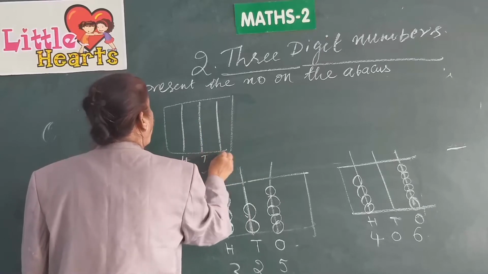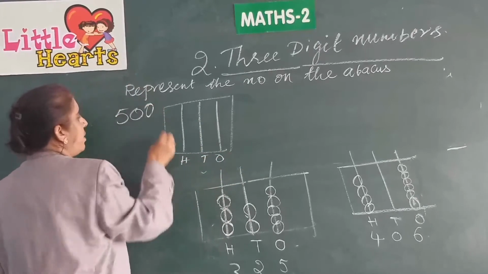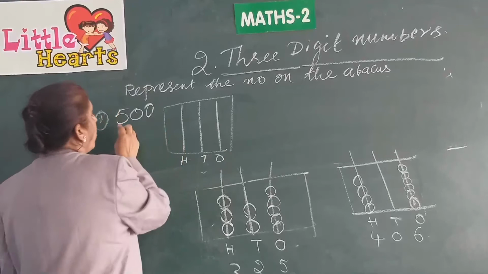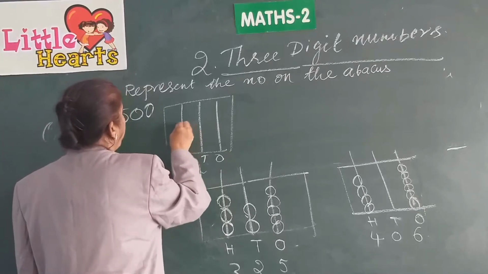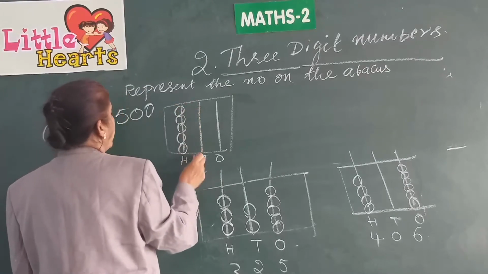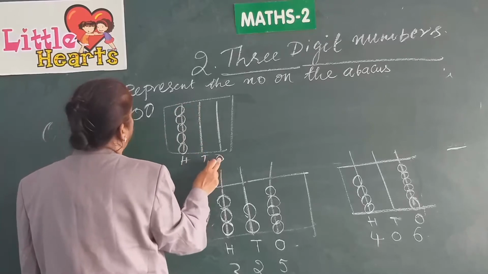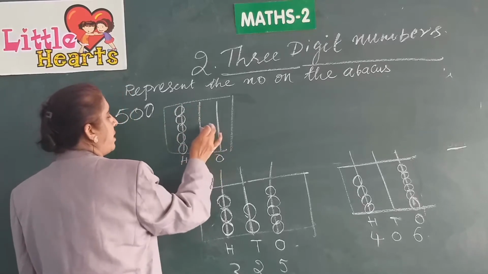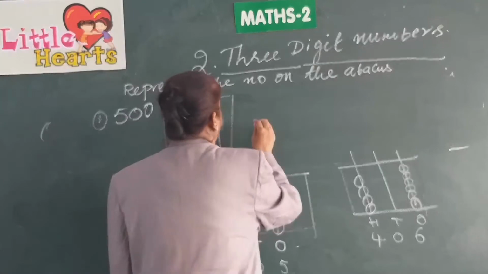Hundreds, tens, ones. So how many beads do you have to draw in this? 5 in the hundreds place, and 0 in the tens, 0 in the ones. So no need to draw any beads in tens and ones.